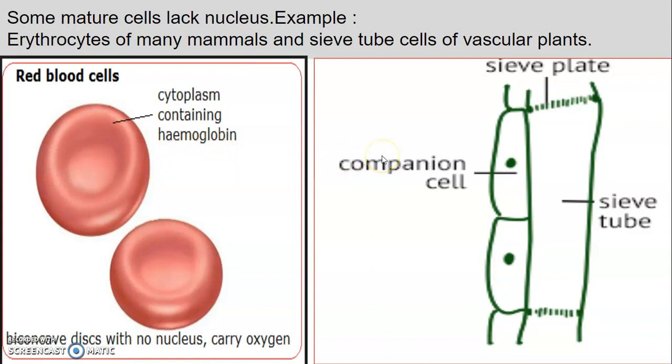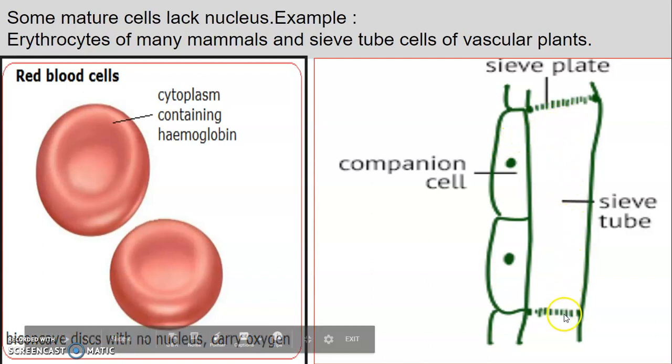And in the case of plants, among vascular plants, which have the vascular tissue xylem and phloem, we have learned the structure of xylem and phloem. The phloem consists of sieve tubes, companion cells, phloem parenchyma and phloem fibers. The sieve tube is made up of sieve tube cells. These cells of the sieve tube at maturity lack a nucleus.